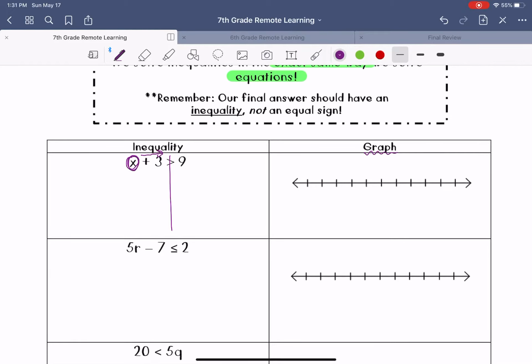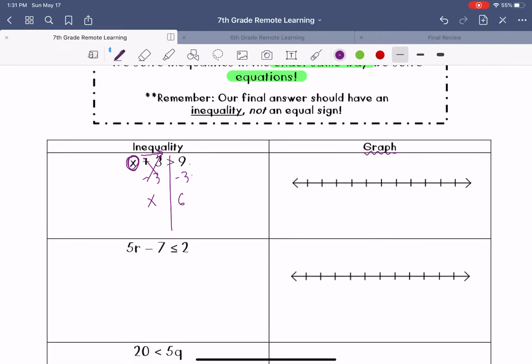So in order to do that, I have a plus 3. So I'm going to undo that with minus 3. And I keep it balanced. My 3's cancel, and I will have x on the left side. 9 minus 3 is 6 on the right side.